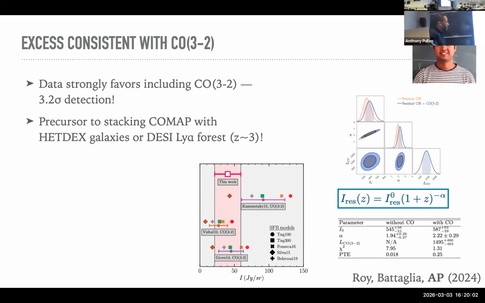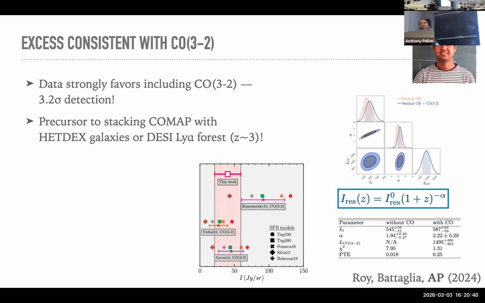This work lines up with these different models of emission, where these papers describe the connection between luminosity and the star formation rate, and these align with different predictions of the star formation rate, these different dots here. The bars represent the uncertainty given the range of possible star formation rates. So this looks to be in the right area, at the right level, and this gives us some evidence that this could potentially be a CO excess.